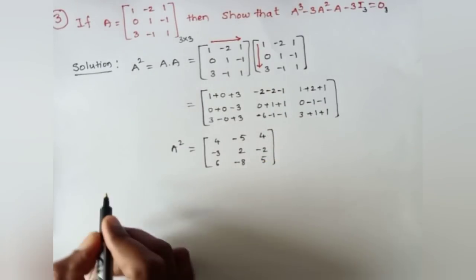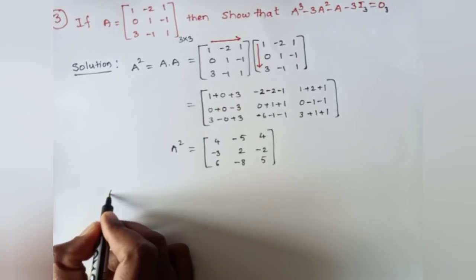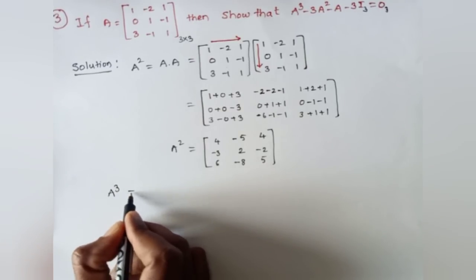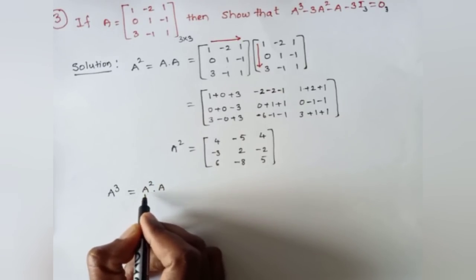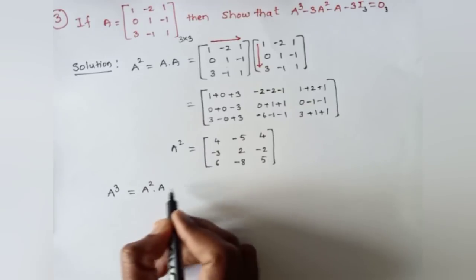Next, find out A power 3, means A cube. A cube can be written as A square into A. So already we know the matrix of A square and A also.